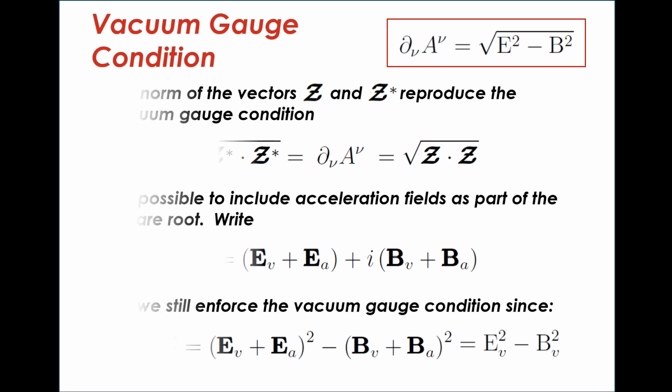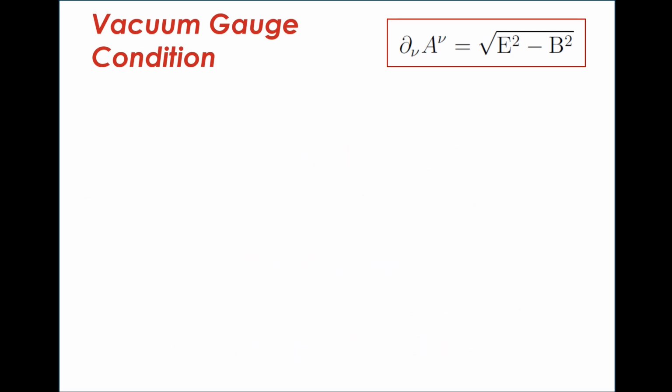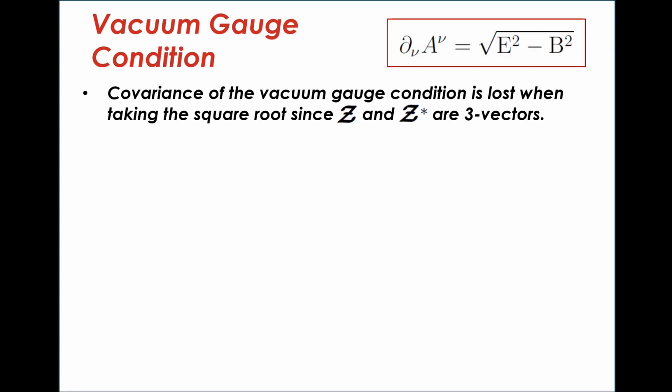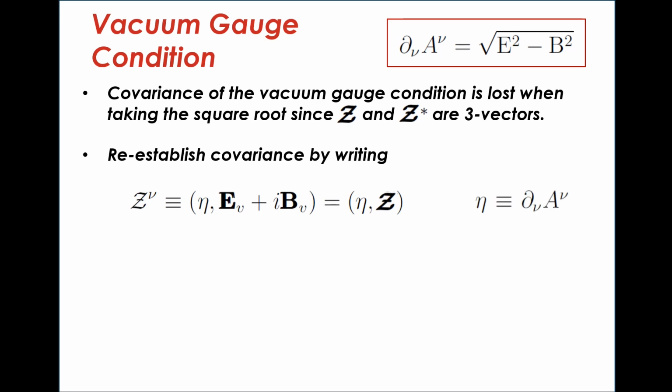This has no bearing on the vacuum gauge condition, as the norms of the vectors Z or Z star are both unchanged. A glaring issue with the vacuum gauge condition is the fact that covariance is lost when calculating the square root. We know this because the vectors z and z star are three vectors, but we can reestablish covariance by defining the vector z nu, which includes the vacuum gauge condition in the time component.